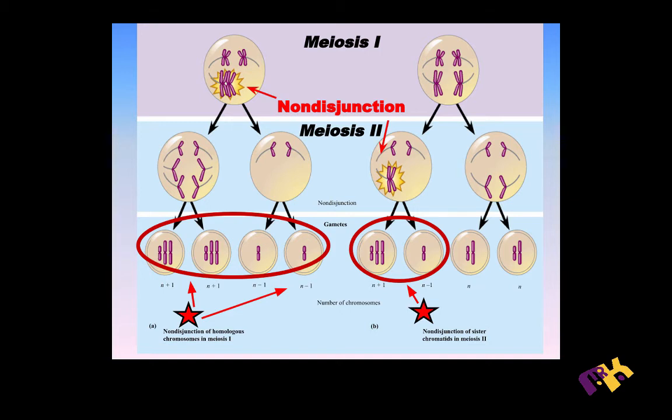Either they have an extra chromosome, so n+1, or they're short one, n-1, whatever the haploid number might be. If that happens in meiosis 2, then we have half of those gametes are fine. The other half, one is +1 and one is -1, the n number. All right, so regardless if it happens in meiosis 1 or 2, the problems with the gametes is still the same. Either you have an extra or you're short one.